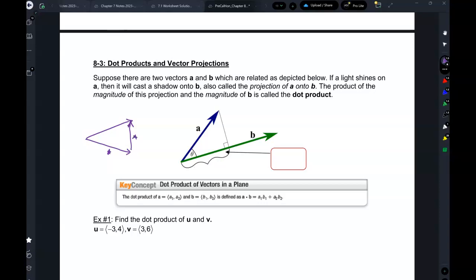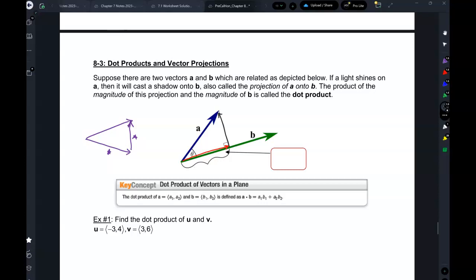So if I have this blue vector A and I wanted to break it down into its components, one of the components lies along B, and the other component is this one here. Then this red one is the projection of vector A onto vector B.